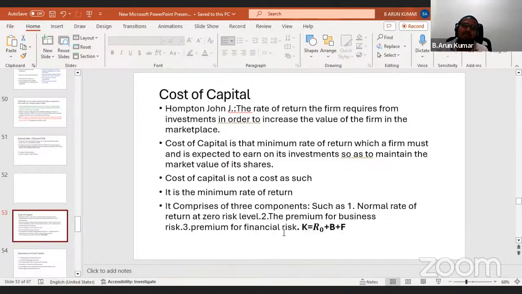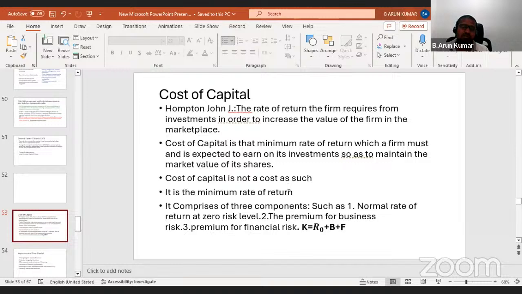Then the premium for the finance risk. Finance risk is nothing but that we pay interest to the debenture holders and dividend to the preferential shareholders and equity shareholders. So every company must earn some profit, some more return, and only then can they repay the amount to the debenture holders, preferential shareholders and equity shareholders.